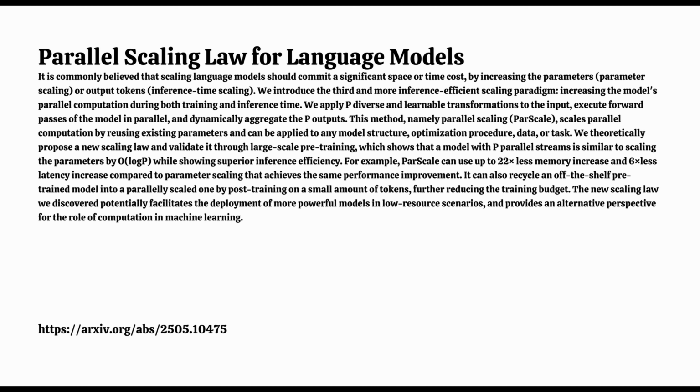So ParScale tries something different. This is the interesting part. Instead of just one bigger model or one model taking longer, it's about parallelism. Imagine taking the input you give the model, like a prompt. Yeah, a prompt or whatever input. And ParScale creates multiple slightly different versions of that input at the same time. Okay. And it feeds all these versions through the same base model simultaneously.